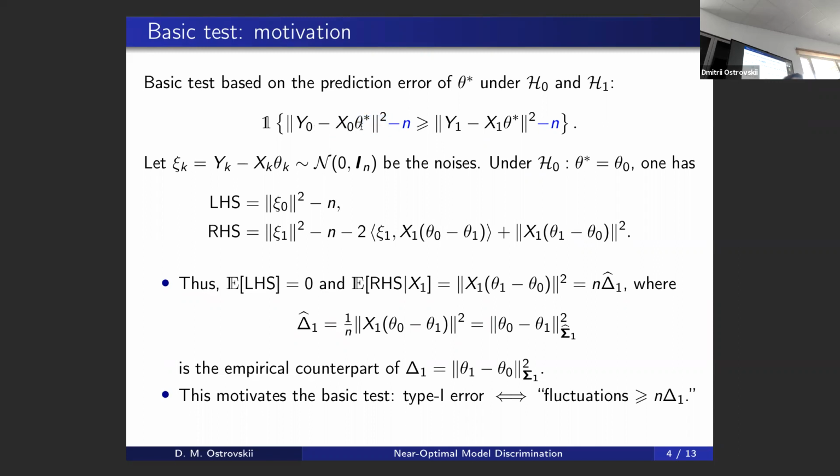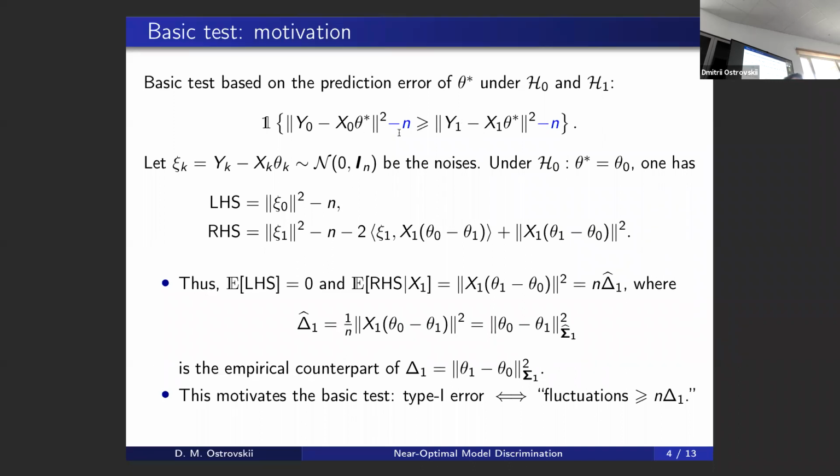So I can just compare the squared norm of y_0 minus X_0 theta star, which is just the quadratic risk of the first sample for theta star. Theta star I know. So I essentially just evaluate the prediction quality of theta star on one sample and the other sample, and I compare.